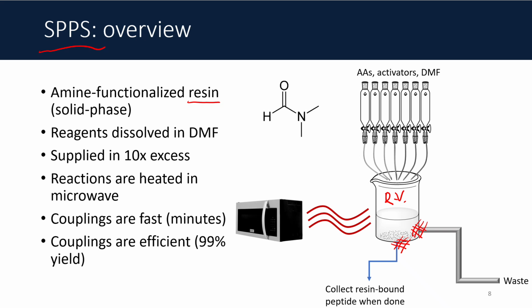And why is this useful? Well, we have to think about what our reaction solvent's going to be, and that's DMF. Once we put our resin in the mesh-lined reaction vessel, we need to get it suspended in basically liquid amide. DMF stands for dimethyl formamide.